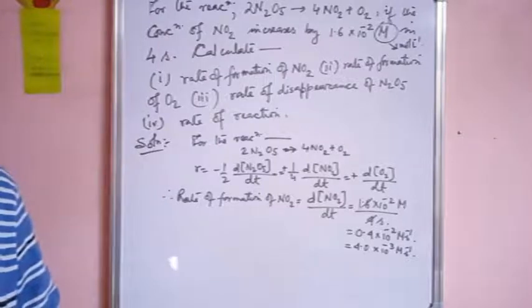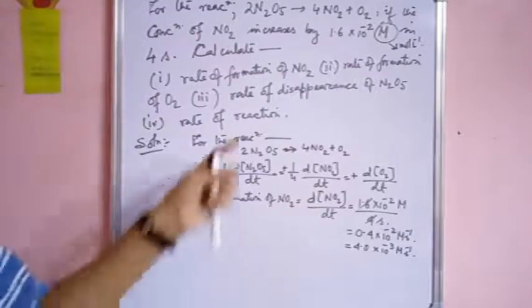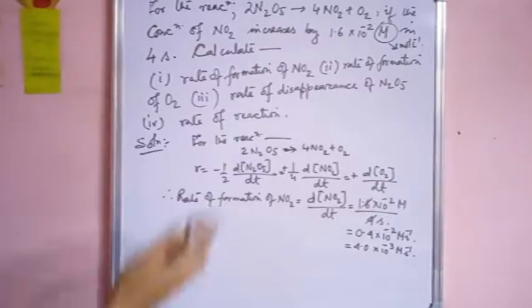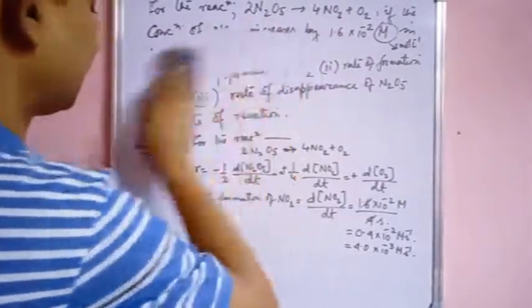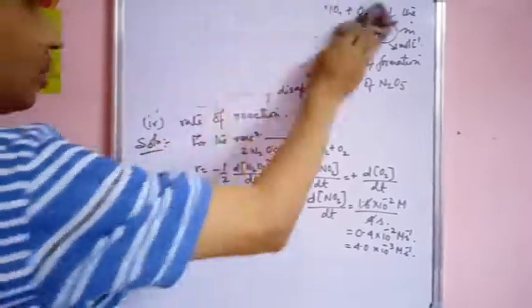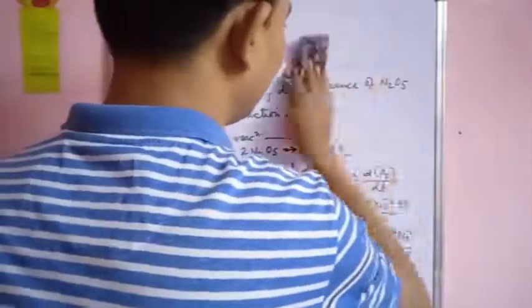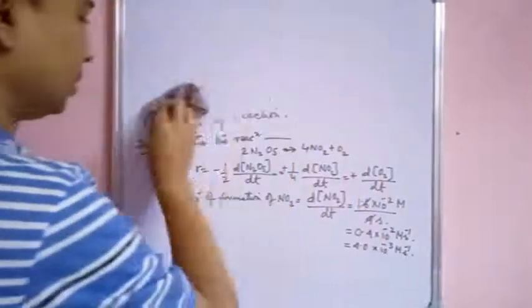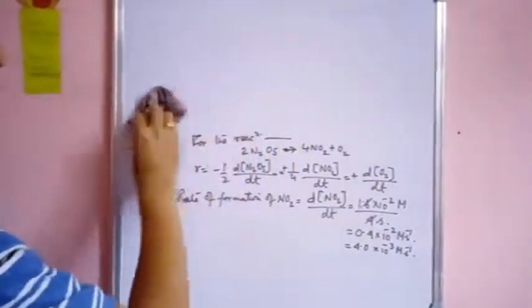Now, rate of formation of O2. This is number 1 we have got. The next question, number 2, is the rate of formation of O2.